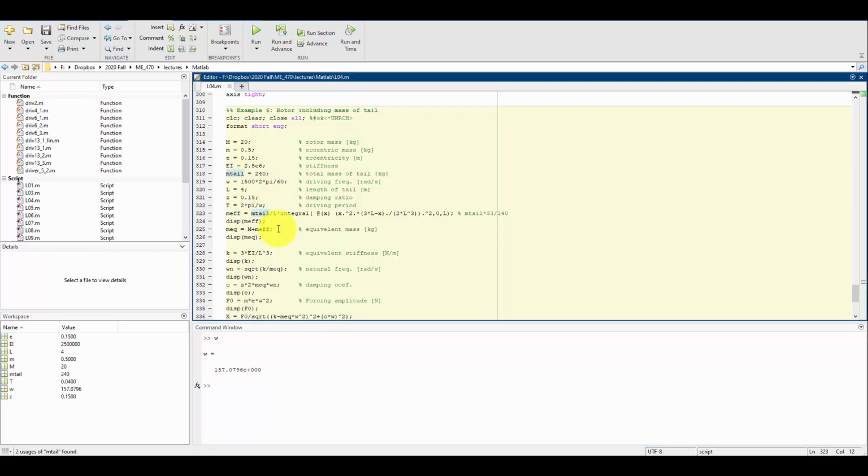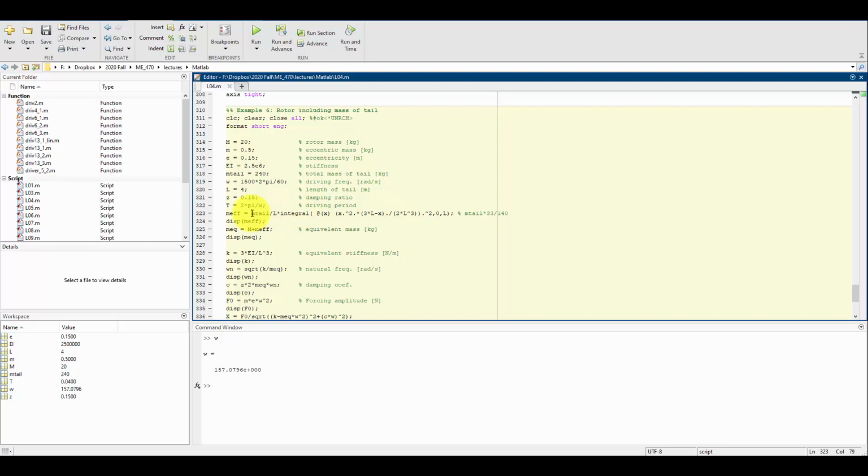Now notice this time I'm doing it in MATLAB, and I'm letting MATLAB do this integral step. So I'm using the integral command, and I'm putting in that exact expression here that I want to integrate. So this is the same thing I did before in Mathematica, where I got that nice fraction, that 33 over 140. But here I'm going to do it completely numerically. I already know it should be 33 over 140, but this will automatically calculate it for me.